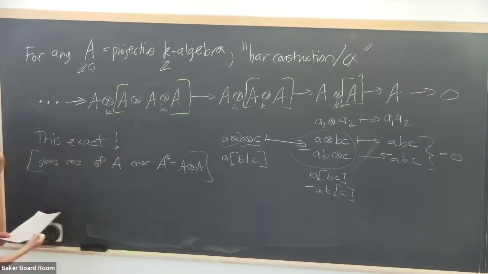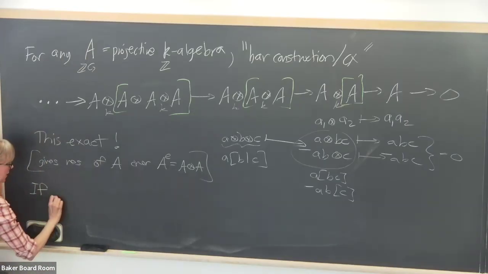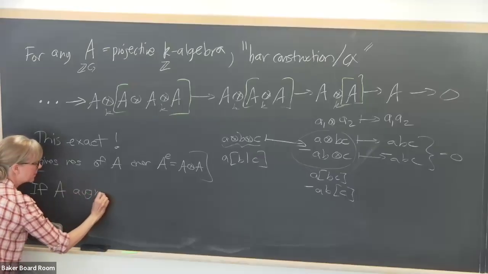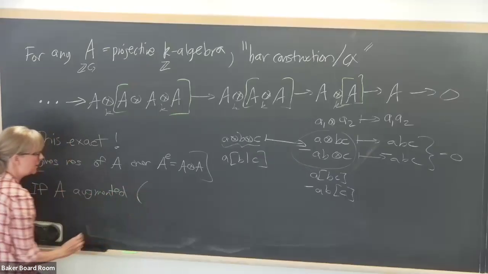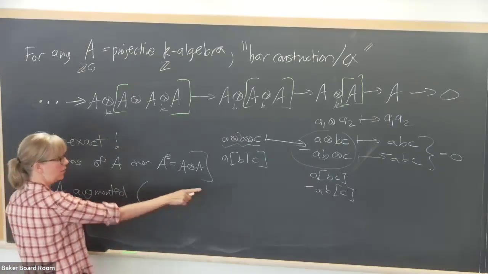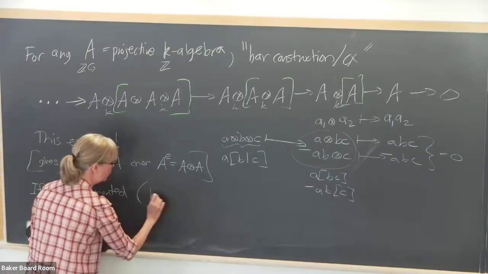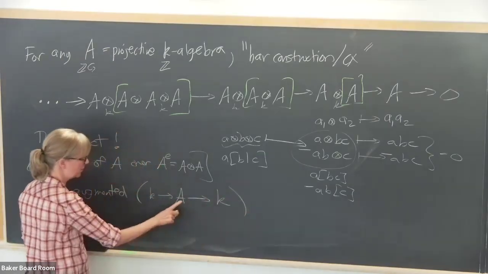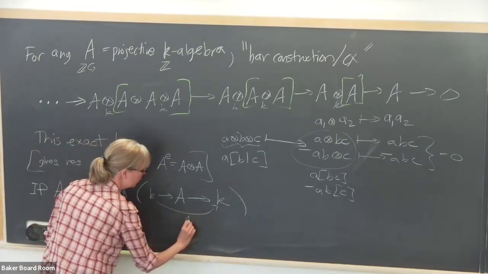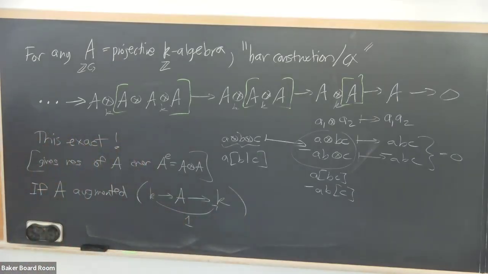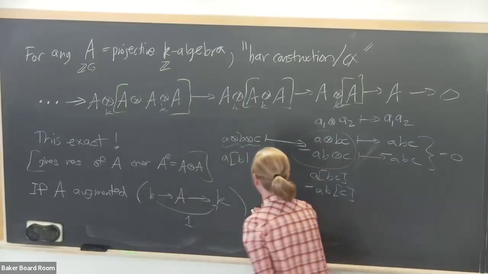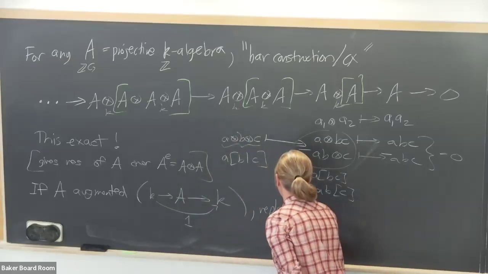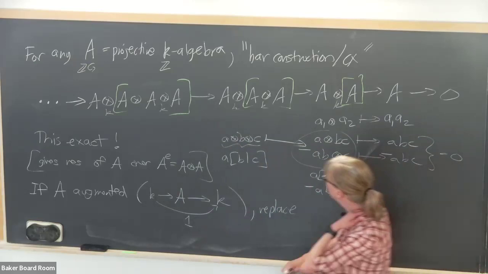So instead, we're going to reduce it a bit. If the algebra A is augmented, which just means that not only do you have K sitting inside of A, but there's also a map from A back to K, and we want that to be the identity, then you can replace, so a lot of these products are kind of stupid.